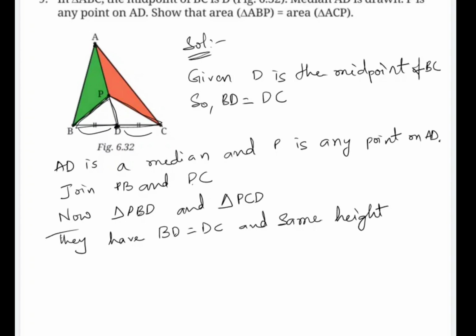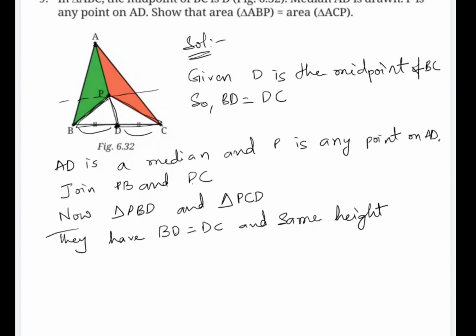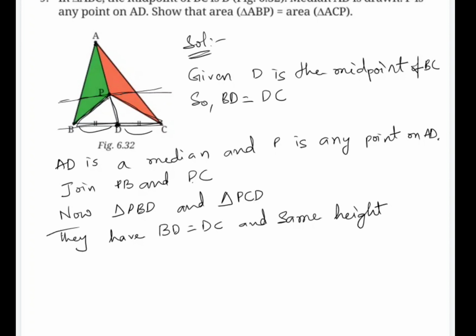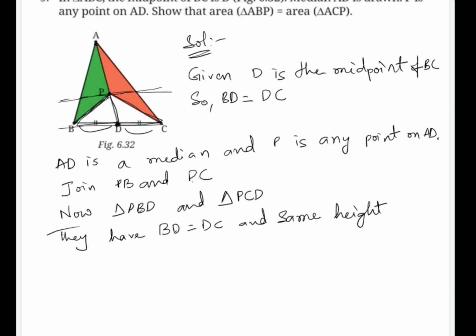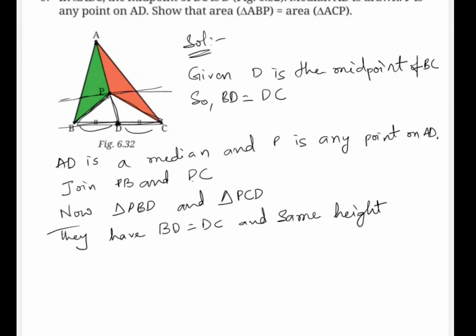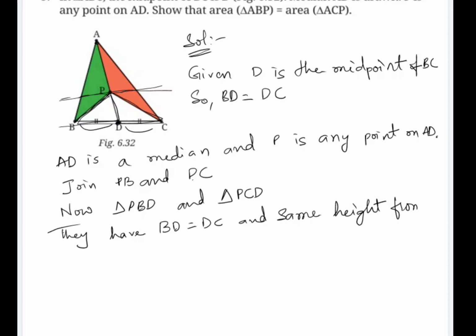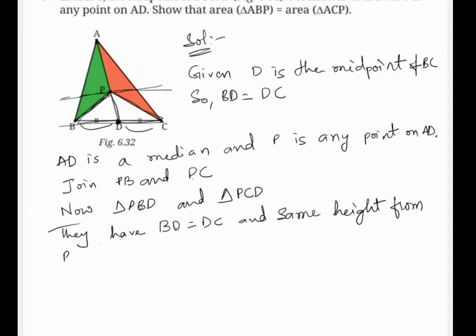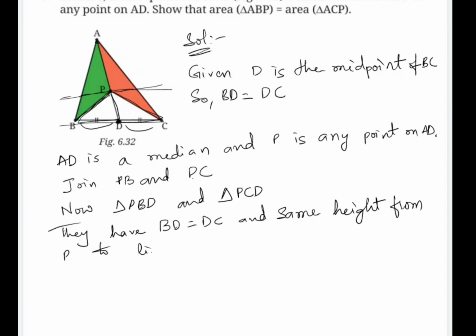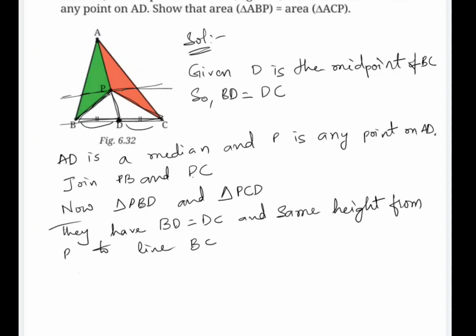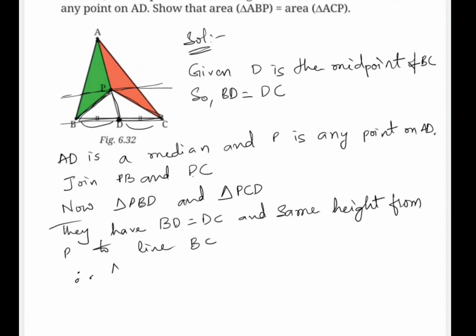Okay, suppose if I draw a line like this, exactly parallel to BC, then the height will be same for both of these triangles. Same height from P to line BC. So that means these two triangles will be equal.